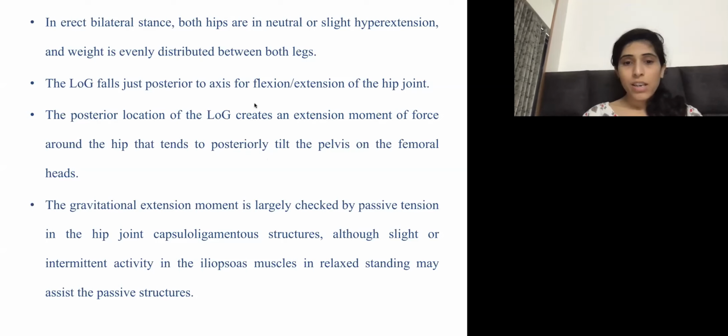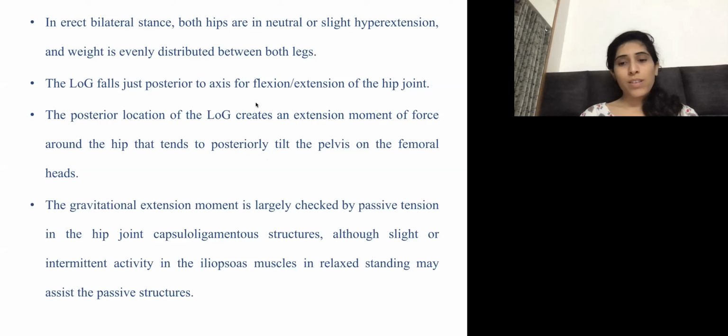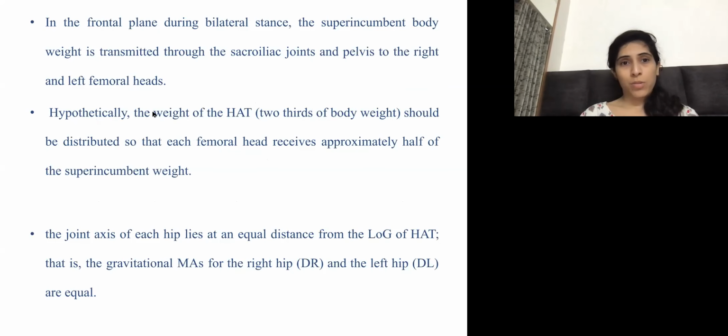So the gravitational extension moment is largely checked by the passive tension in the hip joint capsuloligamentous structures, although slight or intermittent activity of the iliopsoas muscles is required just to maintain the erect position of the lower extremity.